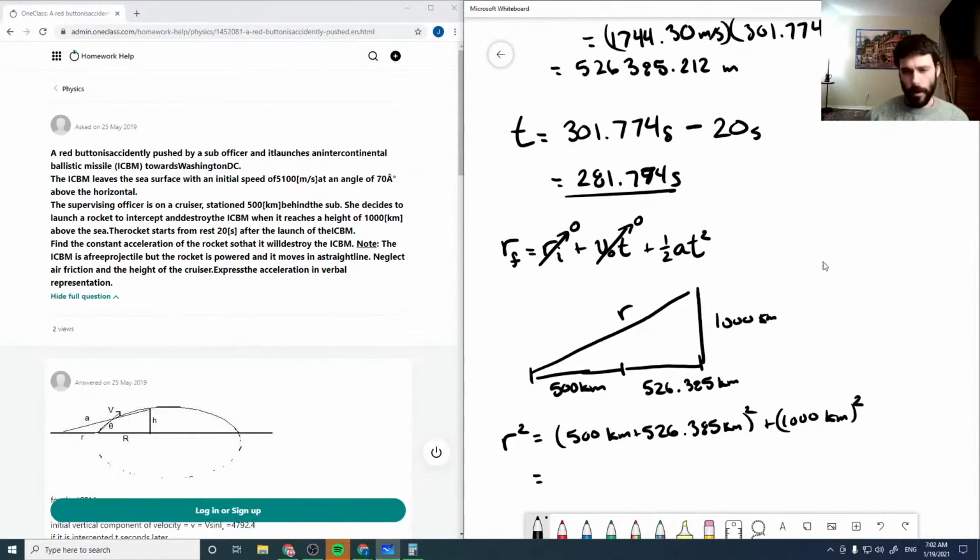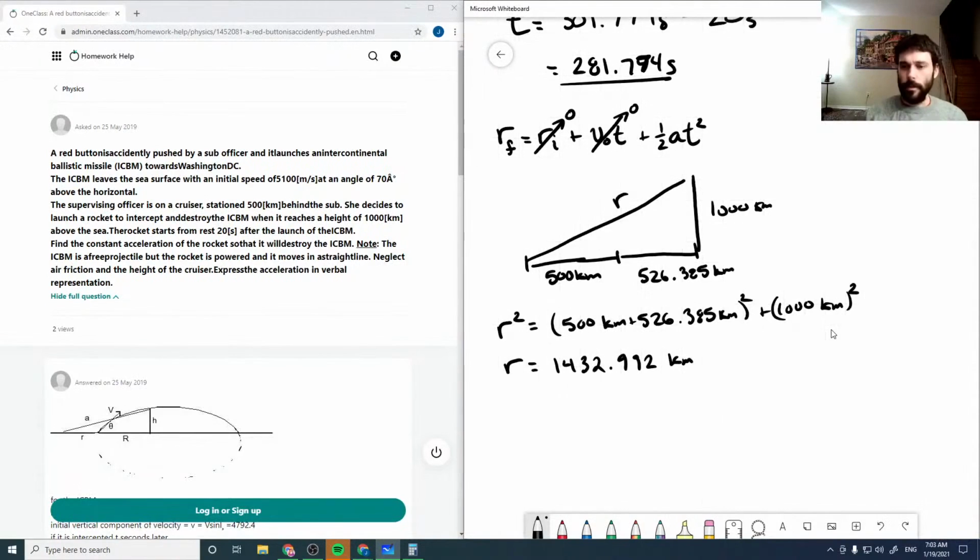So our r is 1432.992 kilometers, which put into meters is 1.432992 times 10 to the 6 meters.